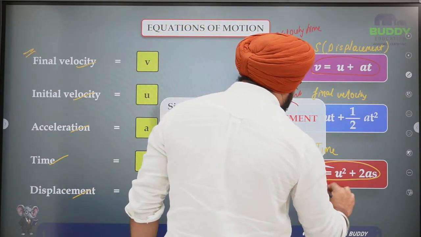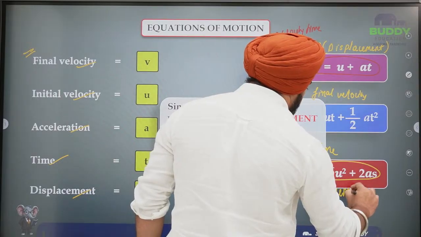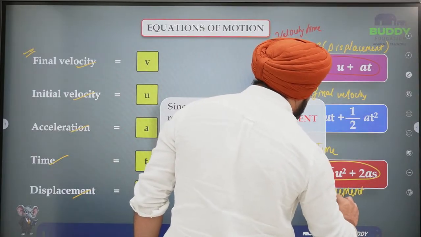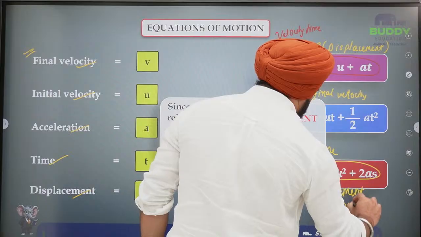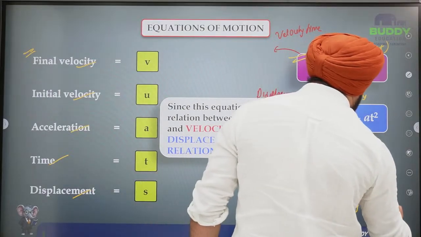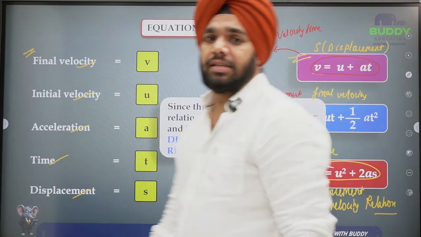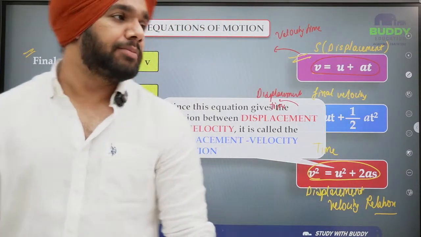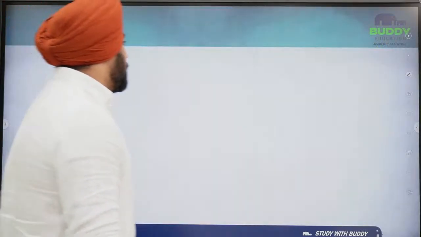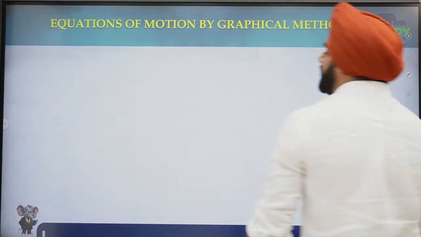See, I will explain this equation of motion using two methods. So these are basically the three equations of motion, and I am sure that there will be certain numericals.